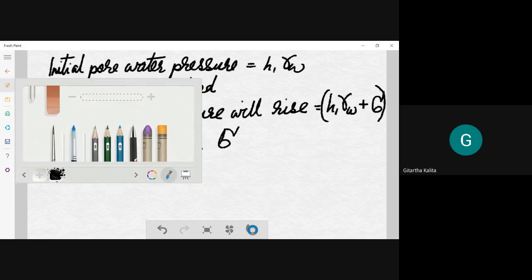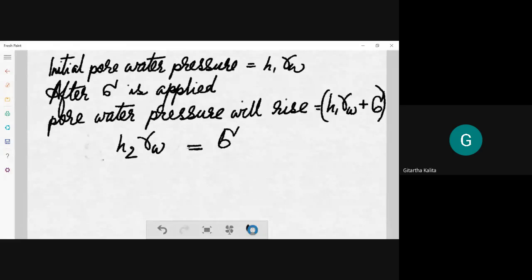If you remember, the pore water pressure has increased by H2, and H2 was actually due to what? If you see the diagram in your copies, I hope you have drawn it, this H2 gamma water is increasing because of this sigma. So this sigma is actually this one, H2 gamma water.